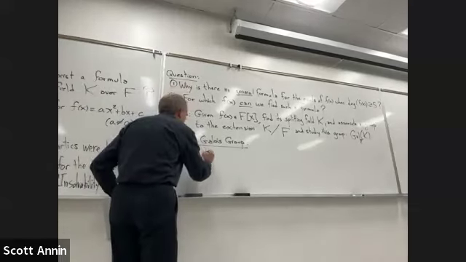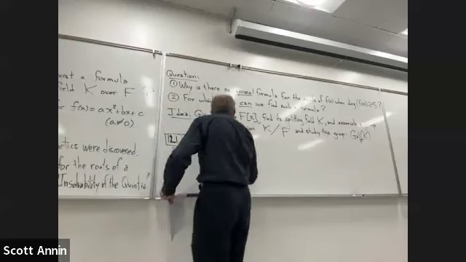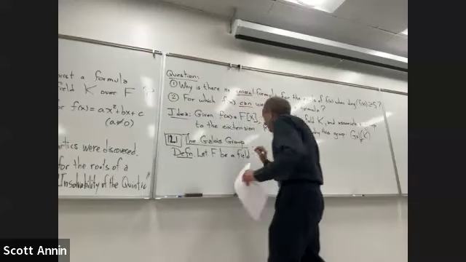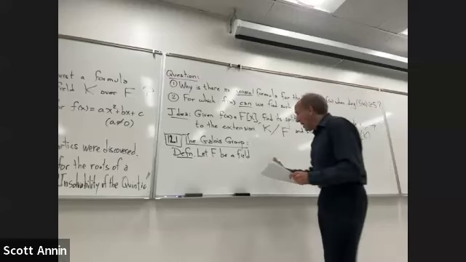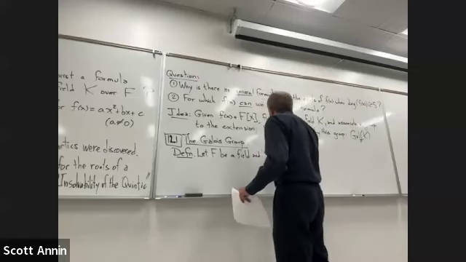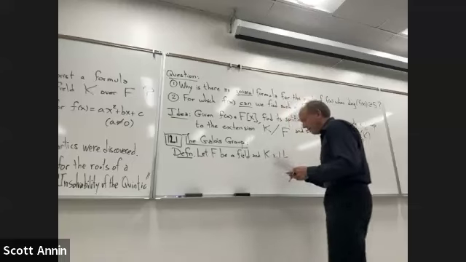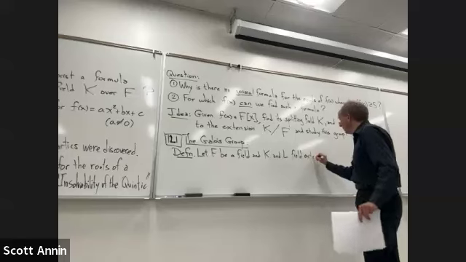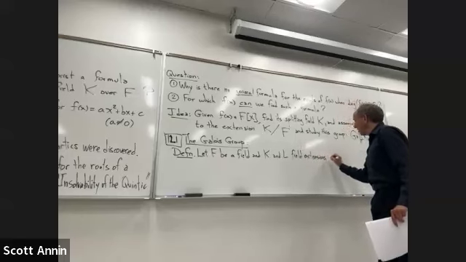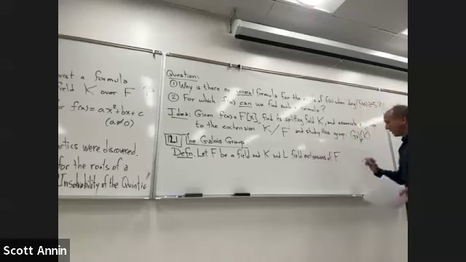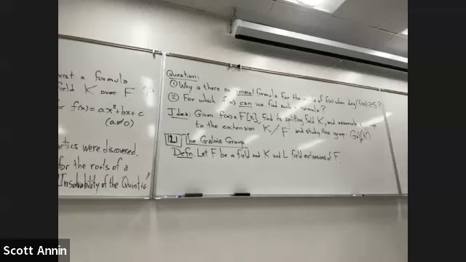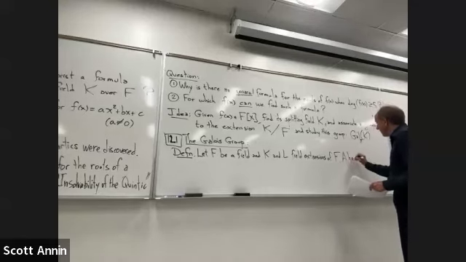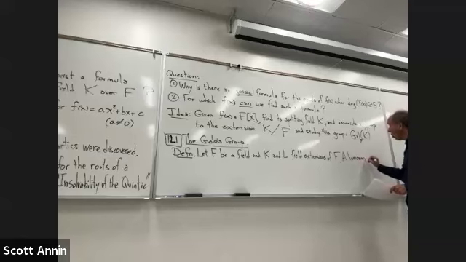So here it is. Let's let F be a field. Kind of goes without saying, but I'll write it down anyway. Let F be a field, and K and L field extensions of F. So we take a couple of field extensions of F, like so. Then what I'm going to define for you right here is a homomorphism.